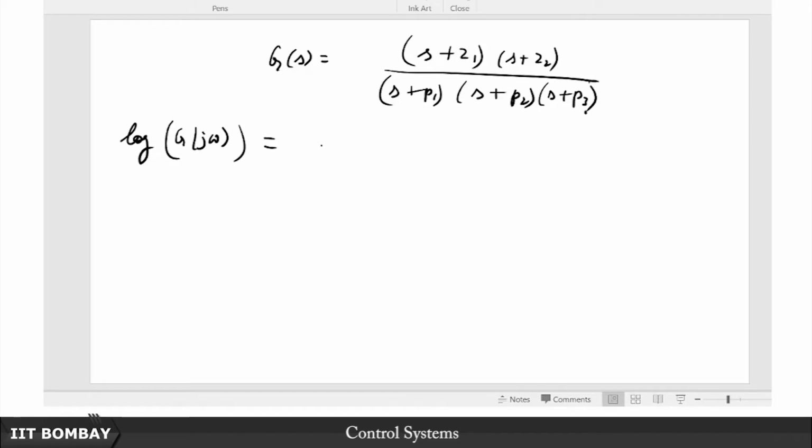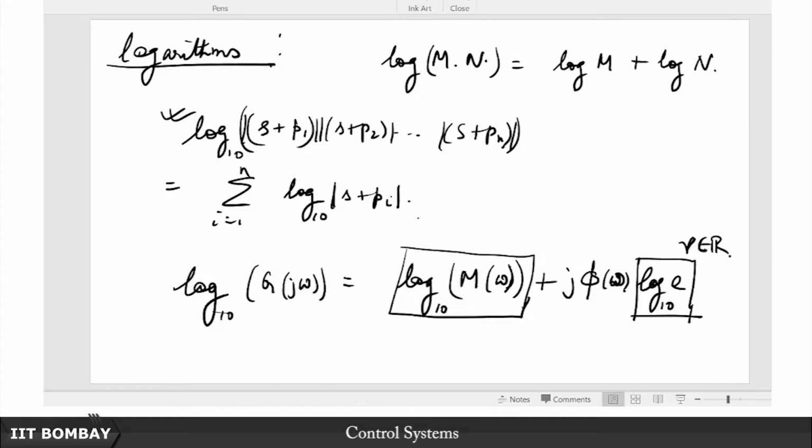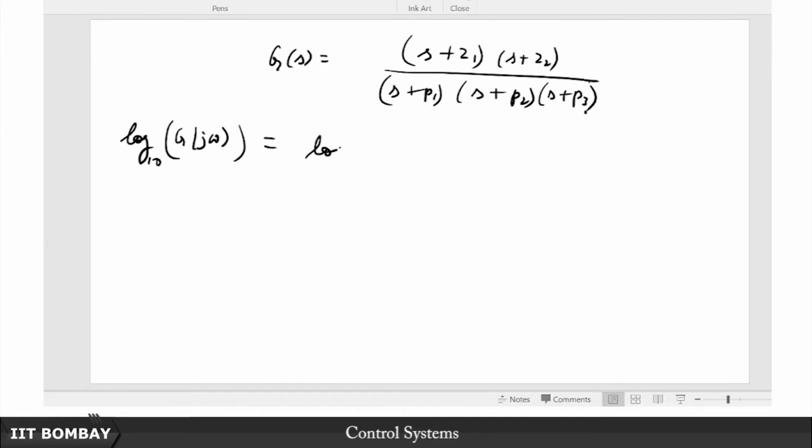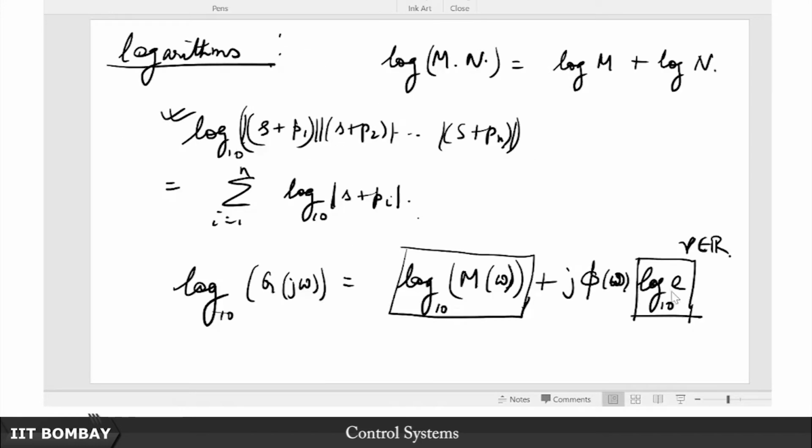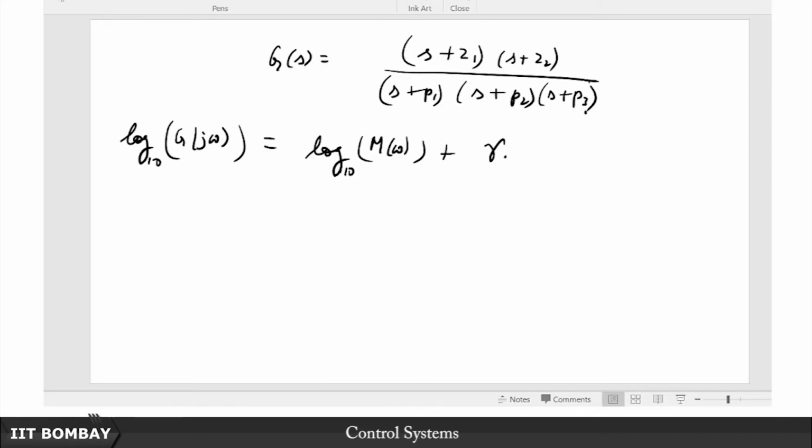Then by the preceding expression I know that this can be written in this form. So this is nothing but log to the base 10 of M omega plus some constant times, of course there's a j, so that's the imaginary part, some constant times phi omega.